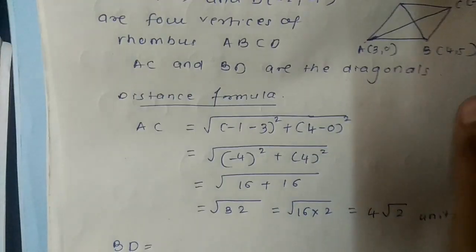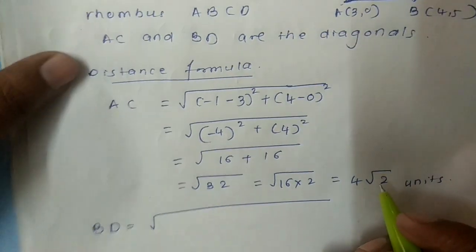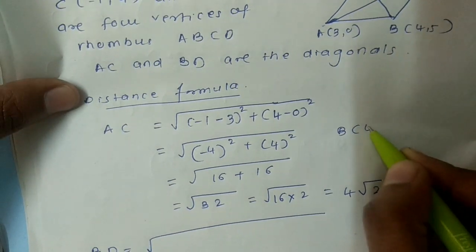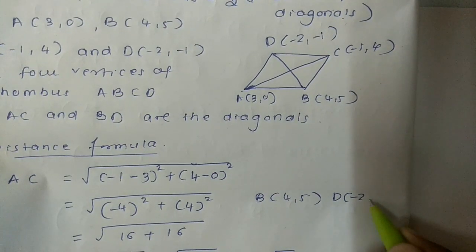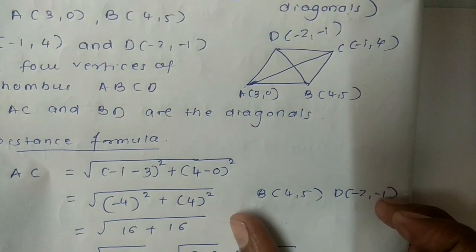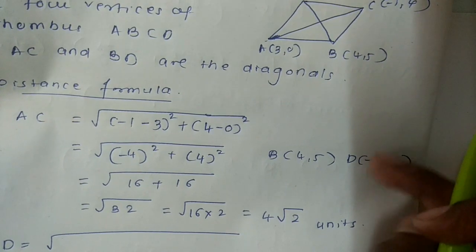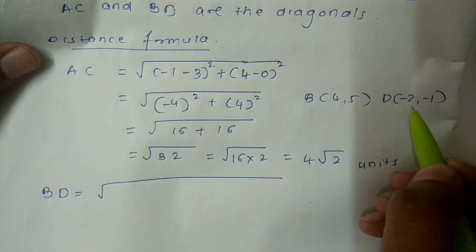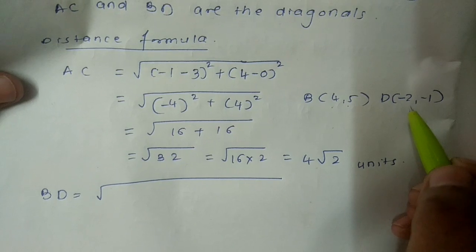So BD equals the square root of, let us write here B, which is (4, 5), and D is (-2, -1). If you write like this, no need to see the diagram again and again, and it will be easier. So here BD, this is x1, y1 and x2, y2. We have taken x1, y1 only for convenience, for identification.